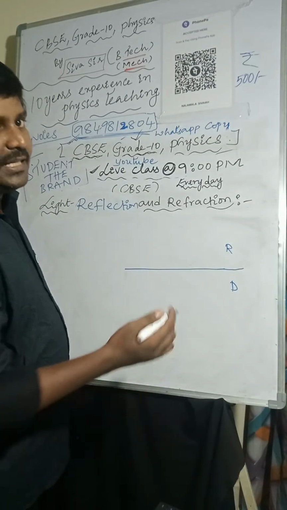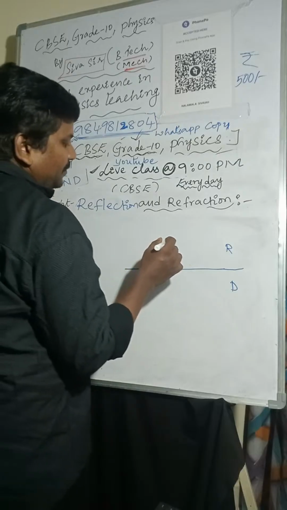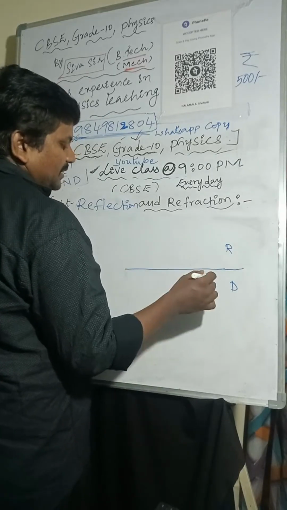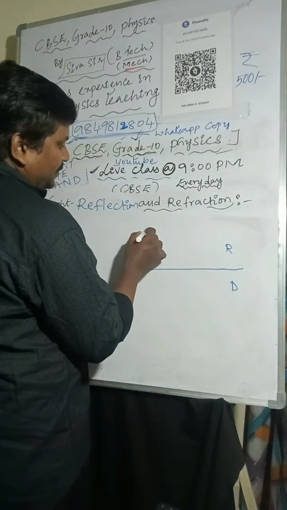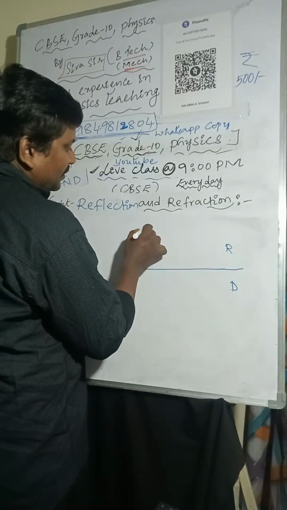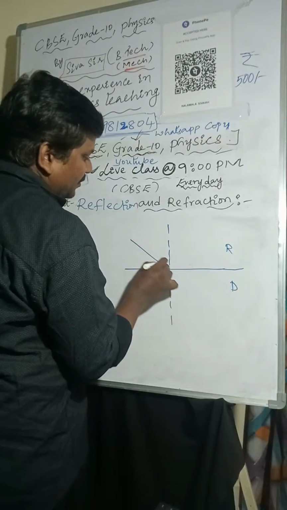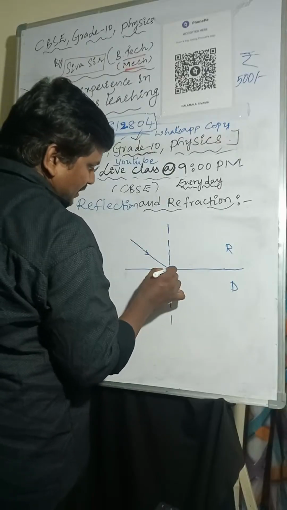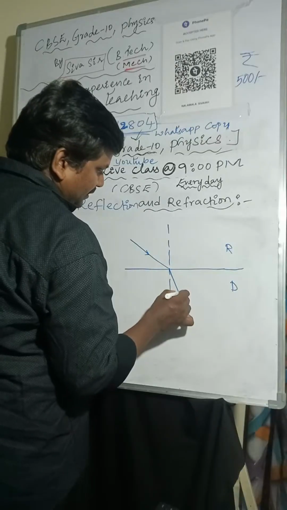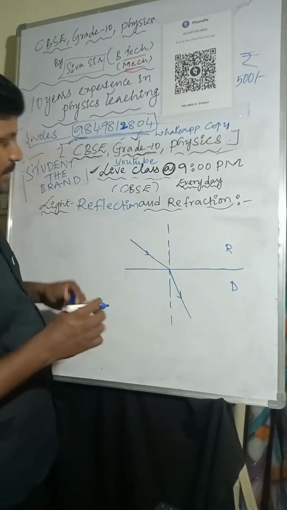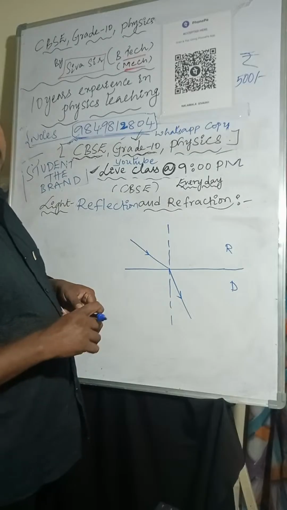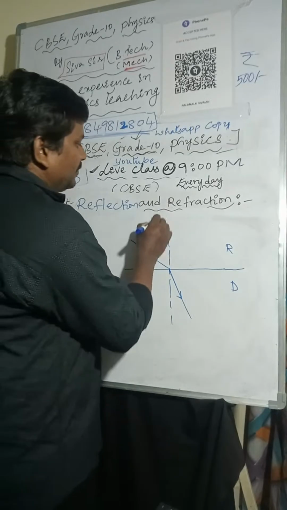When the light ray is passing from rarer to denser, this is the normal line. The light ray bends towards the normal line like this.